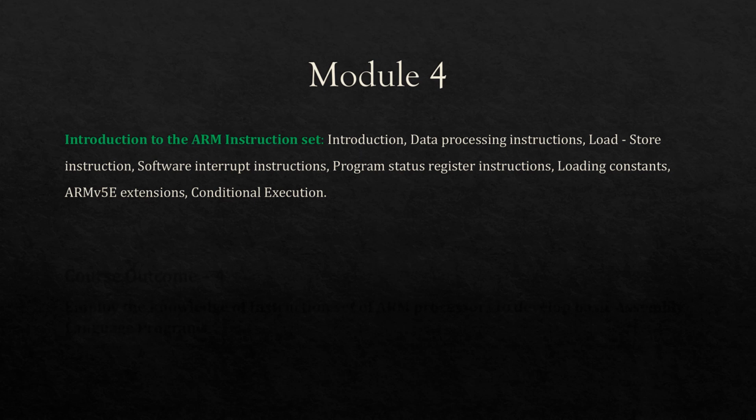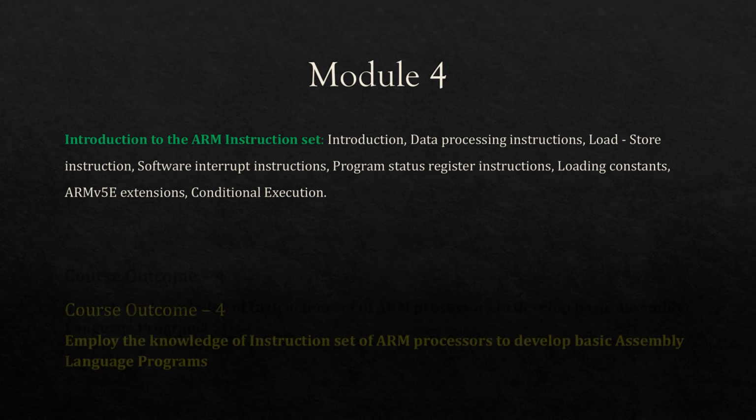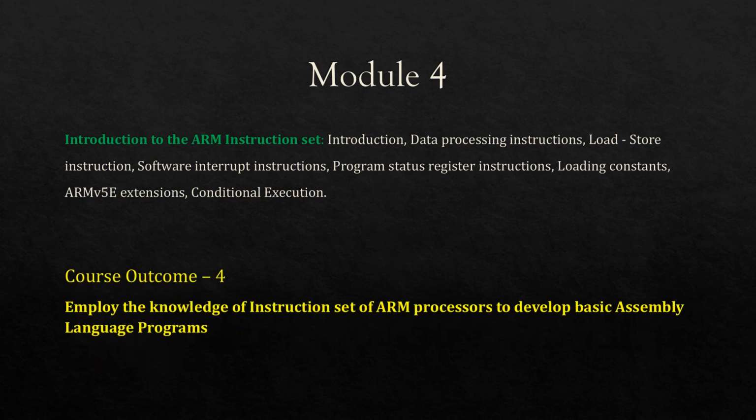What do you mean by program status register instructions, loading constants, and ARM v5E extensions, which is a version of ARM, and how do you execute conditional execution? The outcome of Module 4 is to employ the knowledge of the instruction set of ARM processors to develop basic assembly language programs.